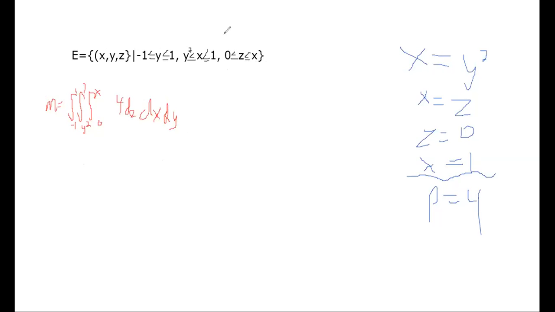So here, let's go ahead and complete this integral. If we do the first integral, what we end up getting here is just 4x.